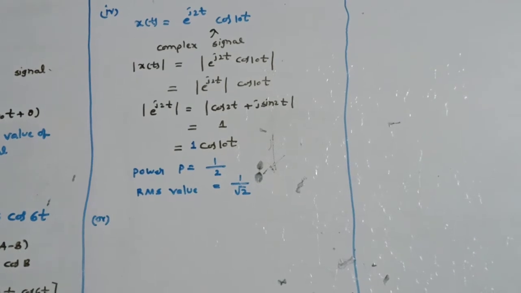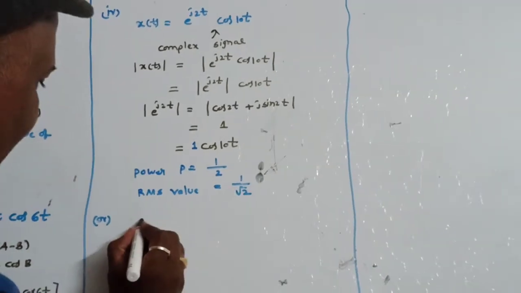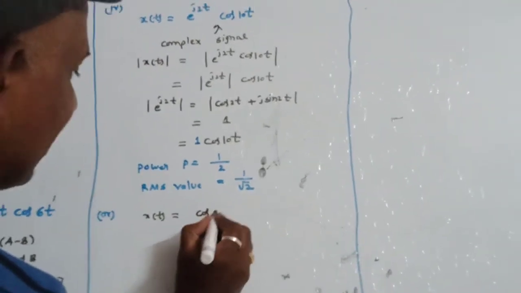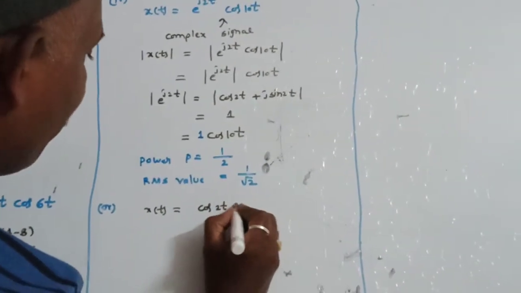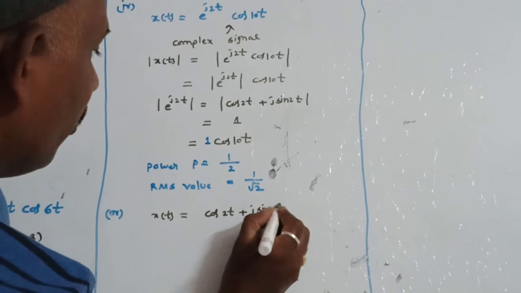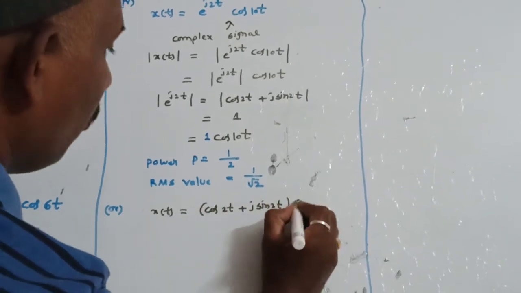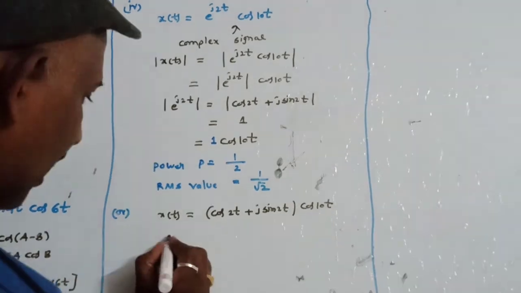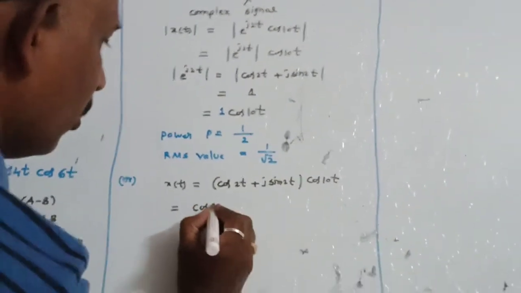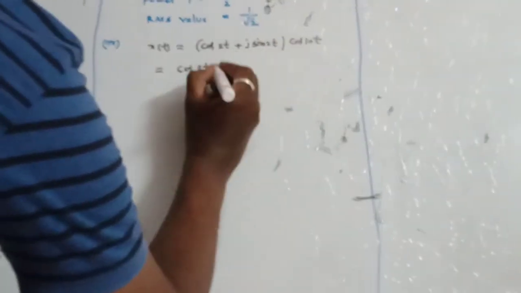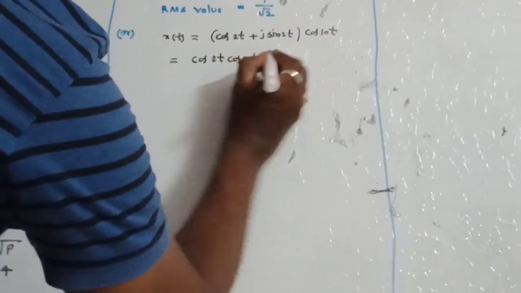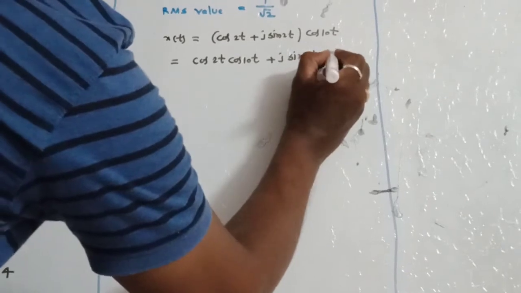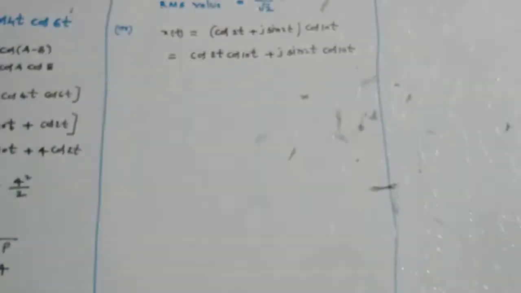Sometimes in some books, the procedure is given like this: x of t is equal to the expansion of e power j 2t. It is written as cos 2t plus j sin 2t, into cos 10t. So multiply this: cos 2t into cos 10t plus j sin 2t into cos 10t.